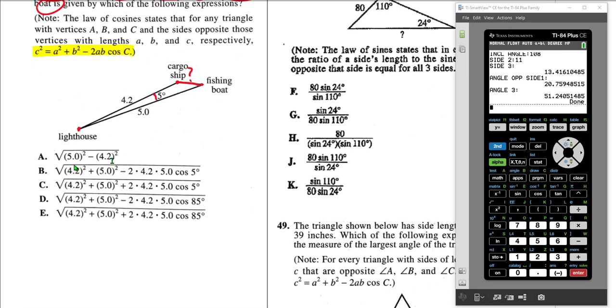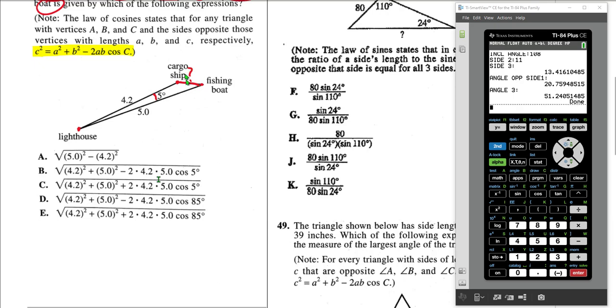We see the length of one side squared, the length of another side squared, the length of one side, length of another side, and then the cosine of an angle. All of these answers, well, at least B through E, look like they are structured like the law of cosines. So even if the law of cosines hadn't been given in this question, we would know that the question is testing law of cosines.